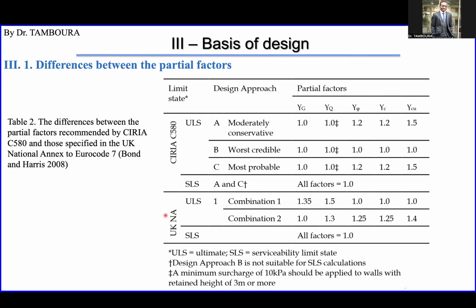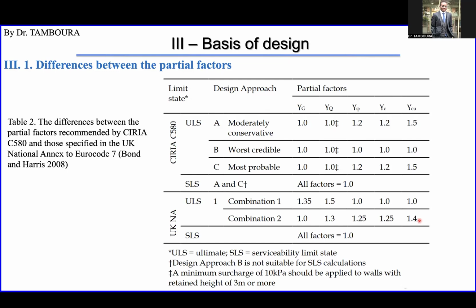Then the Eurocode national annex of UK is proposing this. And if you check, you will see that the design approach is design approach number one. If you go back in the previous slide, design approach number one, you will see that these parameters are exactly the same for combination one and combination two, okay?